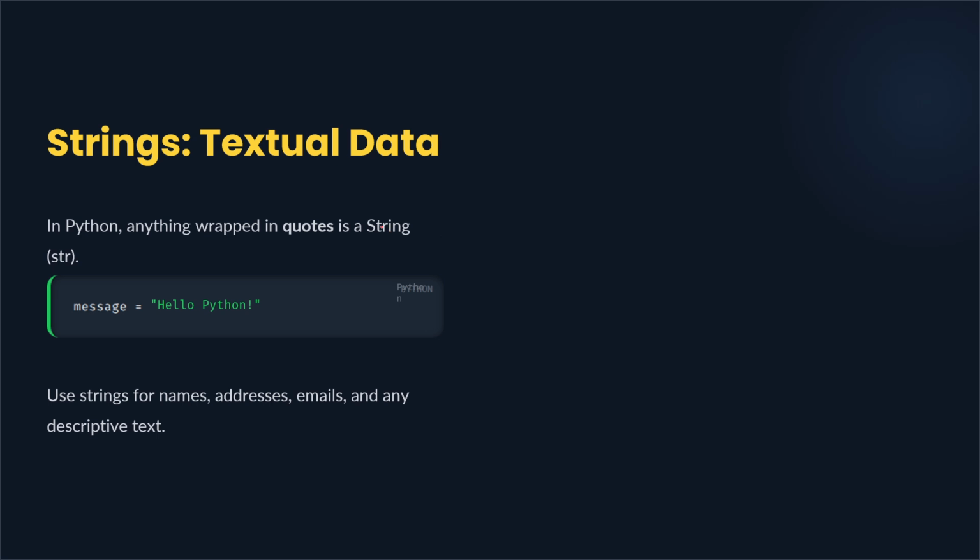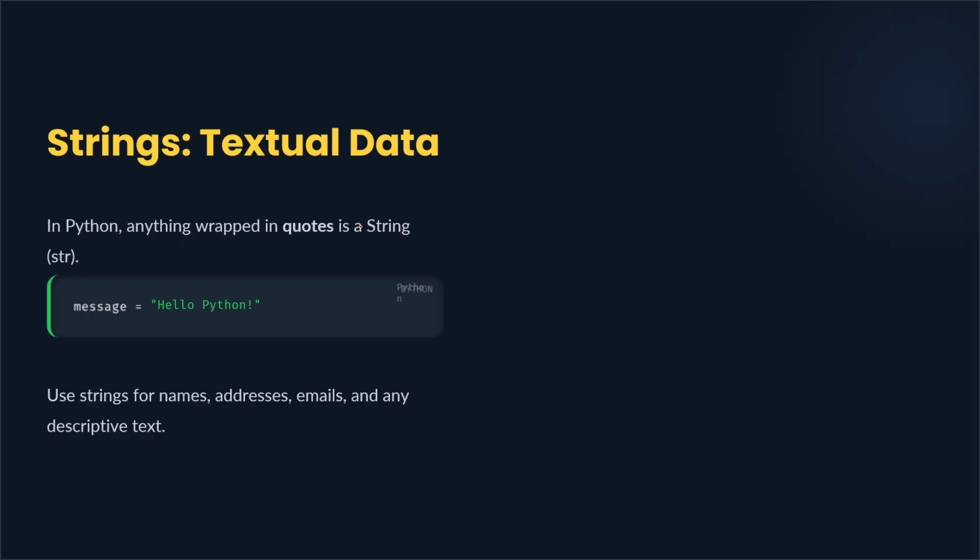The next data type is string. Strings store textual data only. Textual data means names, emails, addresses, all these things come under text.